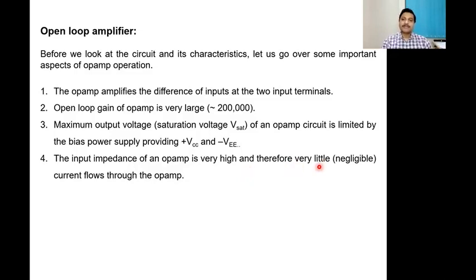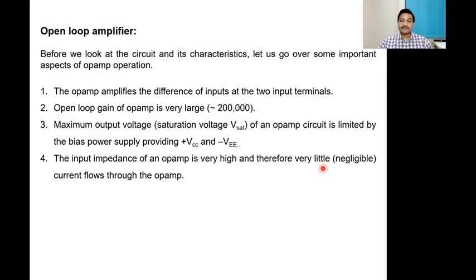What we mean by saying very little or negligible current flows through the operational amplifier should be looked at from the point of view of another characteristic of these op-amps, which we discussed in the last lecture: the input bias current and input offset current. That is what we mean by very little. The typical values we quoted there were less than a microampere. So within the operational amplifier, less than a microampere of current will typically flow.